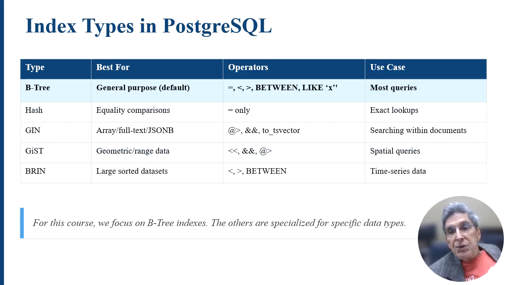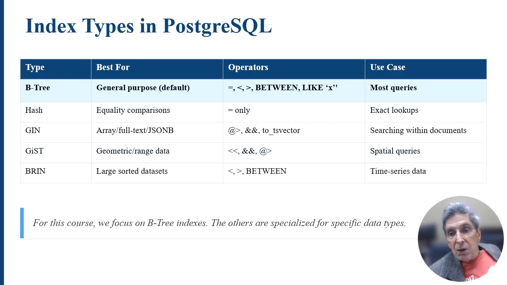Postgres actually supports several index types, even beyond the B-tree. In this table, you can see an overview. The B-tree is the general purpose default and handles most queries. The second one, hash indexes, are optimized for equality only comparisons, not for less than or greater than or alphabetical. Equality only comparisons, but do not support range queries.